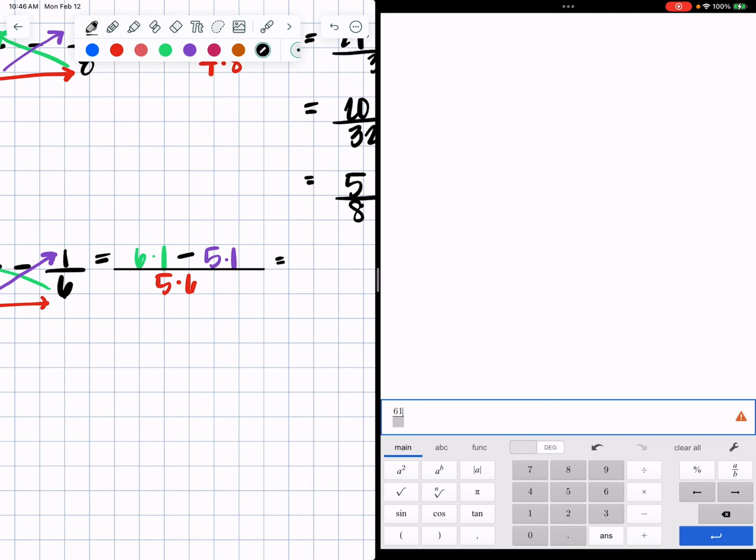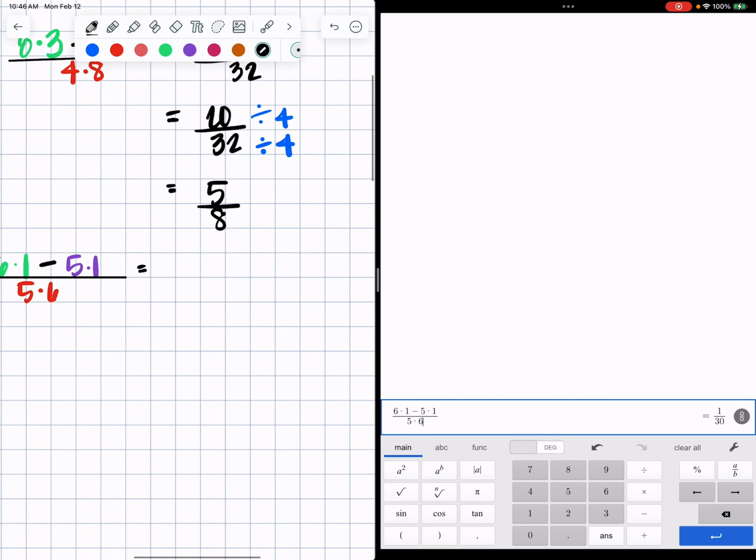And I'm going to put in 6 times 1, not 61, minus 5 times 1 divided by 5 times 6. I get a really potentially scary looking decimal, but if I tap the two little boxes that look like a fraction on the right of it, it changes it to a reduced fraction, and I can be done with my problem.